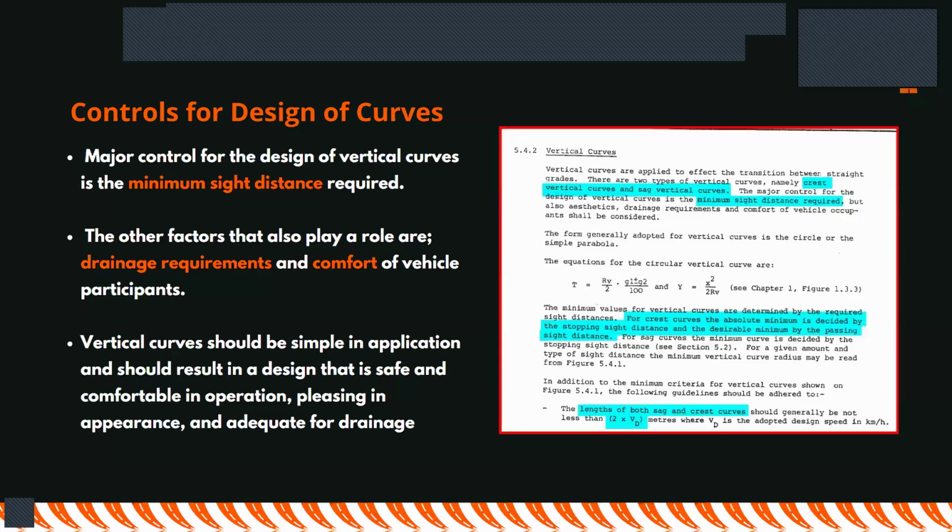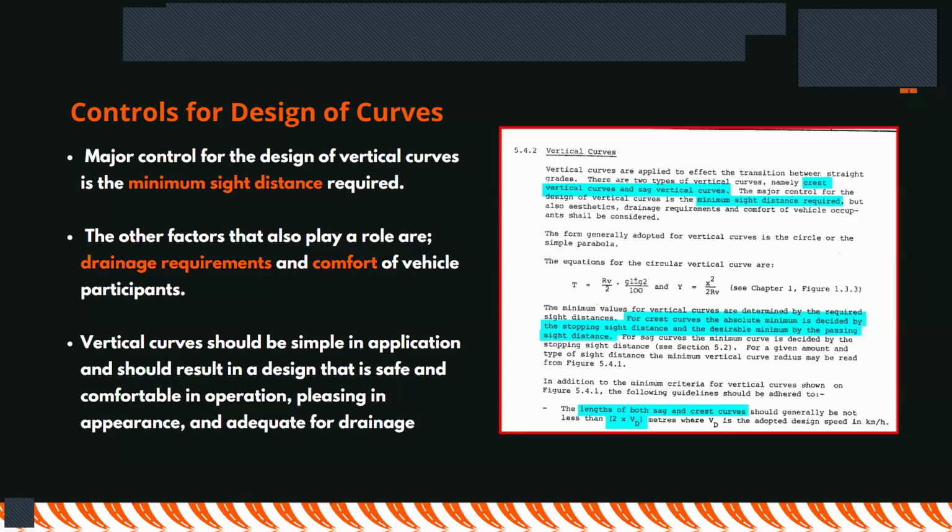The other factors we consider as design engineers include drainage requirements. Your choices and decisions in the vertical alignment are going to majorly influence the drainage of the road. We have seen scenarios where water is stagnating in the ditches, water is overtopping the road, and culverts are not well placed, which becomes a drainage issue.